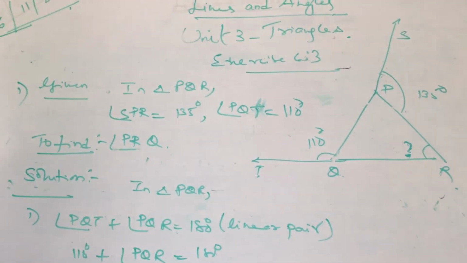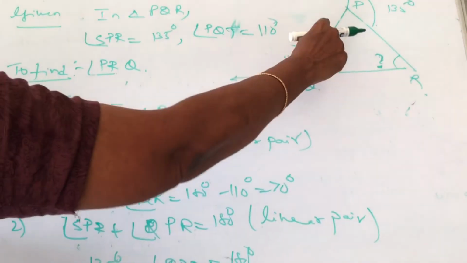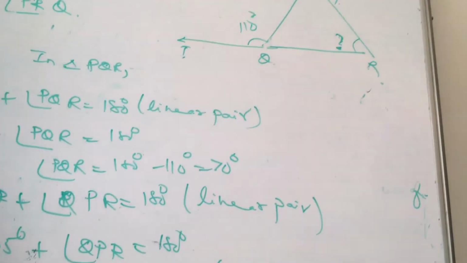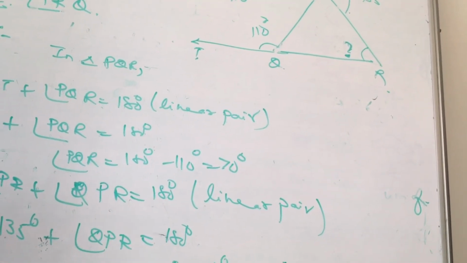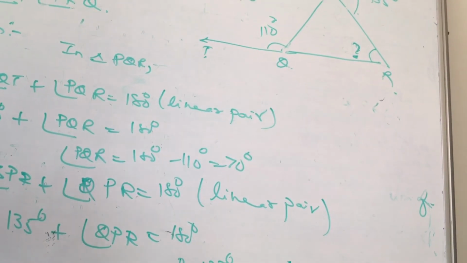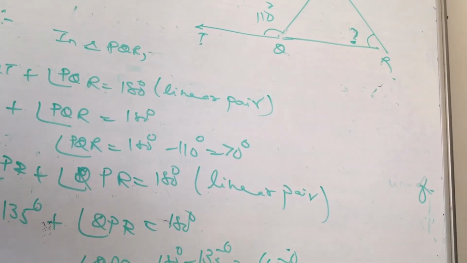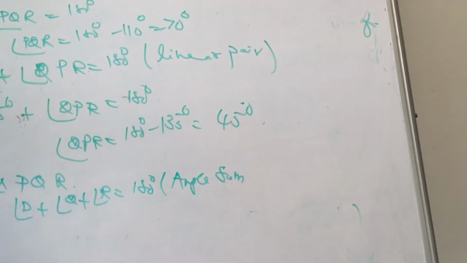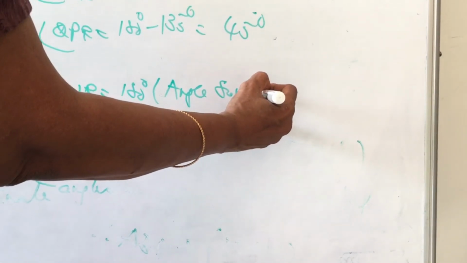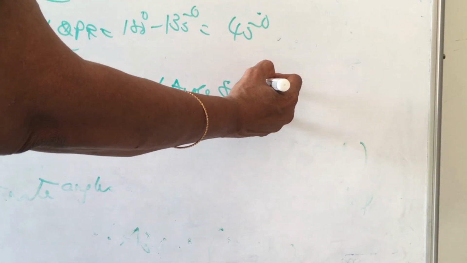Third one. In triangle PQR, angle P plus angle Q plus angle R is equal to 180, by the angle sum property of a triangle.